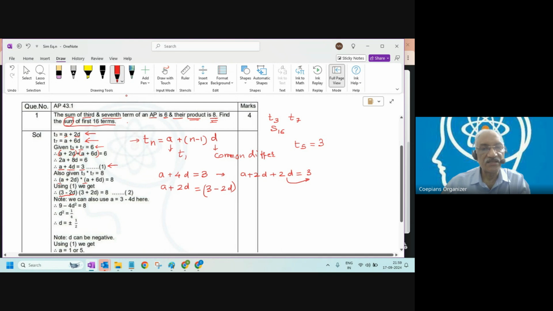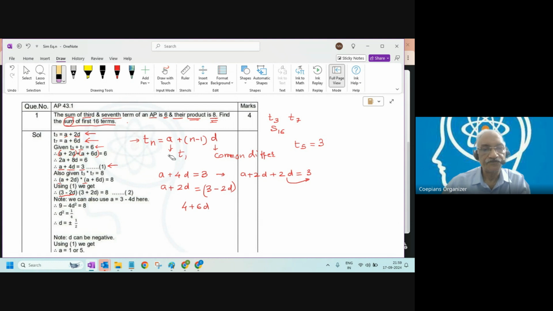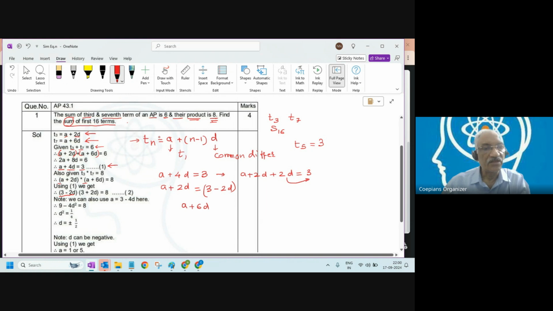Similarly, we're interested in a plus 6d. I can write this as a plus 4d plus 2d. So a plus 4d, we know the value as 3.